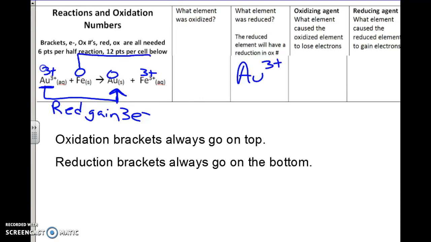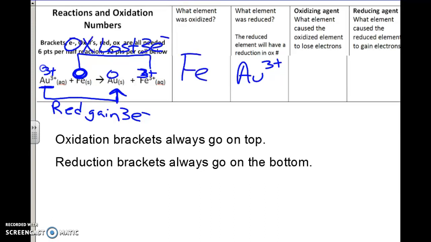Fe turned into Fe3 positive. Fe has an oxidation number of 0, and Fe3 positive has an oxidation number of 3 positive. So to go from 0 to 3 positive, you must have lost some electrons. Lost how many electrons? 3 electrons. And oxidation is a loss of electrons. So what's oxidized?